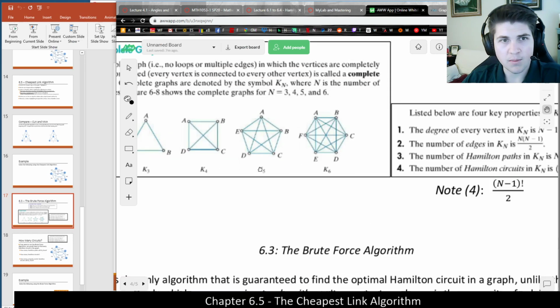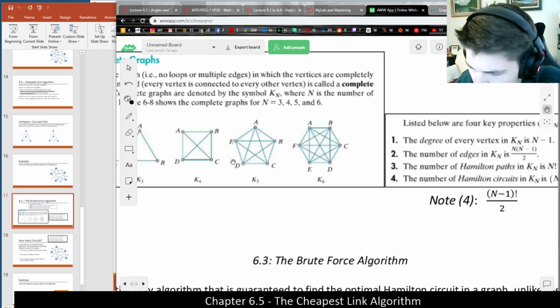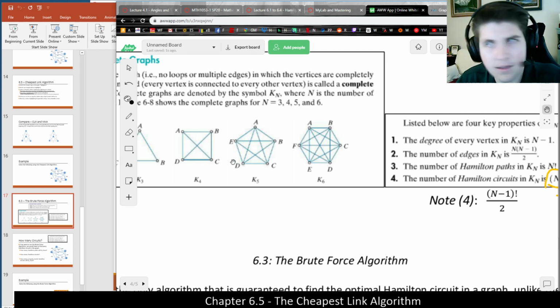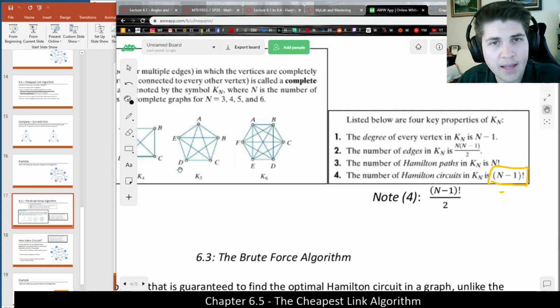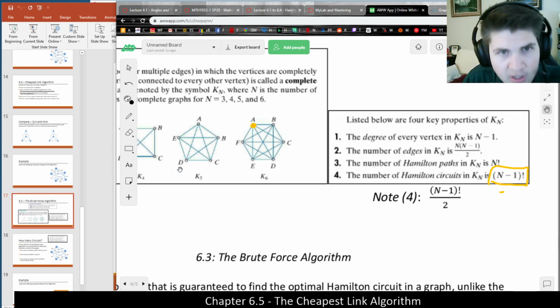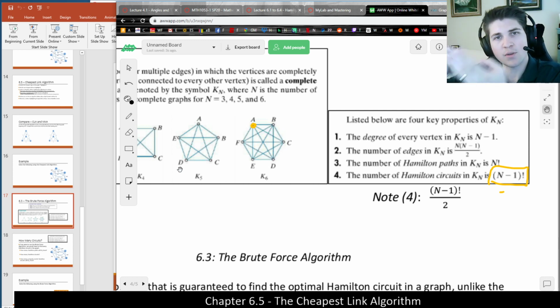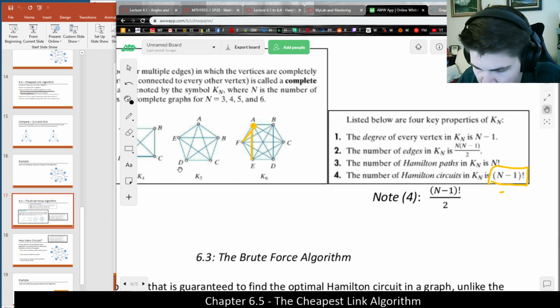So let me zoom in a little and start my highlighting. What I was trying to describe is why the number of Hamilton circuits is given by a factorial. It's very similar to Shapley-Shubik, because if I'm starting at A, initially I have 5 choices. The fundamental counting principle says that if we have a series of different choices, like from A I have 5 different places I could go to.